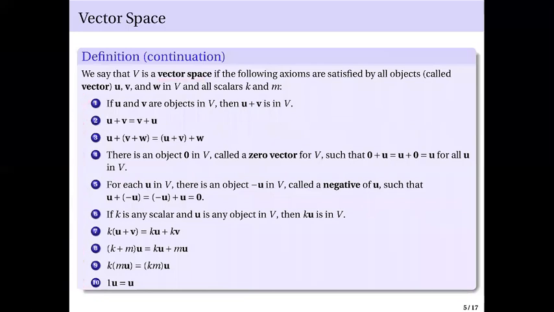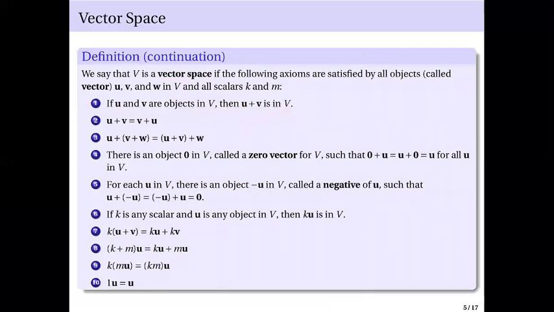If these axioms are satisfied by that non-empty set V, then we say that V is a vector space. So what are the axioms? Here we have the first axiom. If U and V are objects in capital V, then this sum, U plus V, must also be in V.